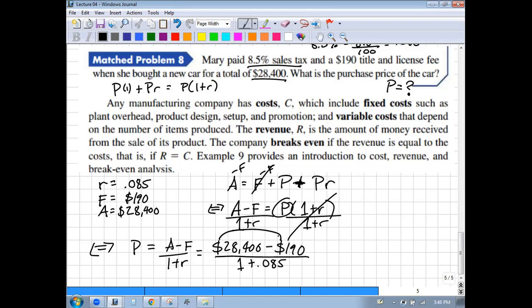Dollars minus dollars is dollars, and we're dividing by a pure number, so we're left with simply dollars. So this we can plug into our calculator: 28,400 minus 190 divided by 1.085, and we get exactly $26,000.